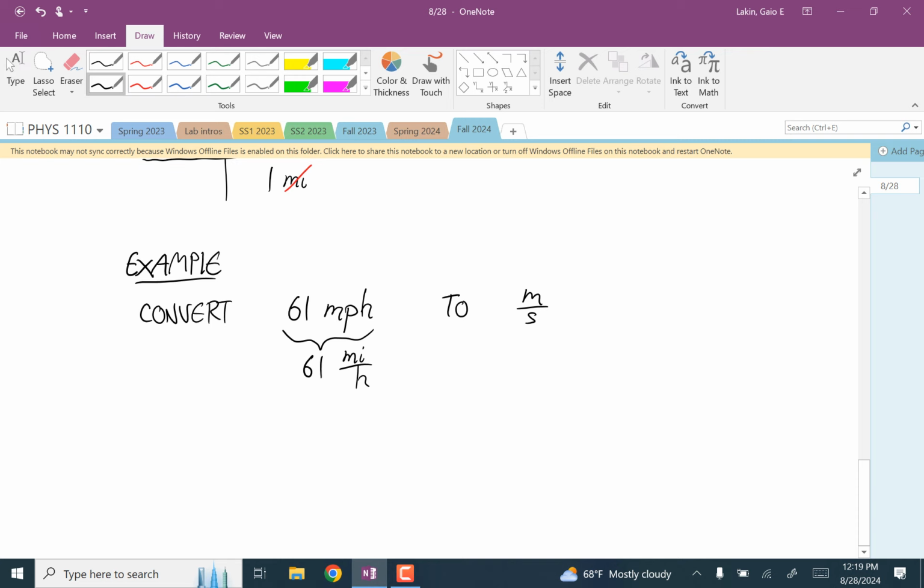And we're going to do that given that there are 1,609.344 meters in a mile.